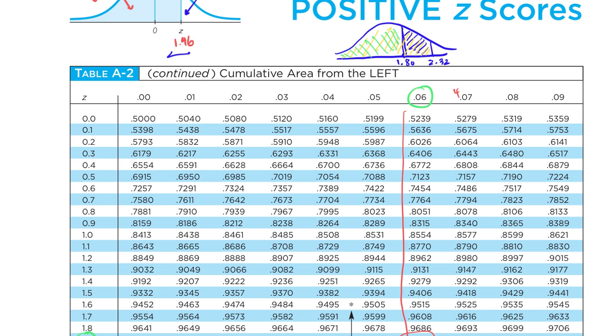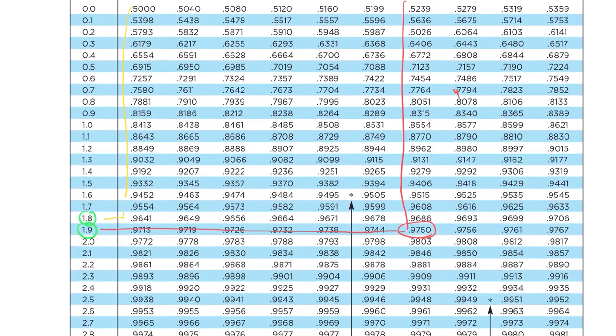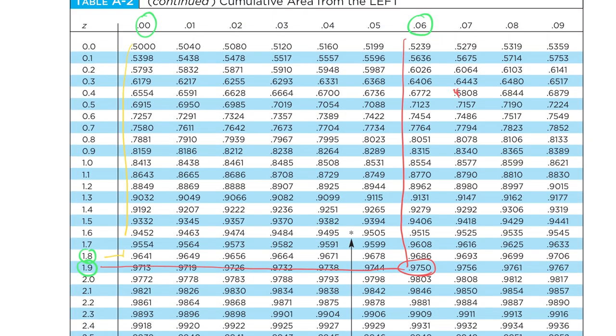1.8 is 1.80. The corresponding probability is 0.9641. And so the green area is 0.9641. How about the yellow area? It is the area on the left-hand side of 2.32. So first we would need to find 2.32.